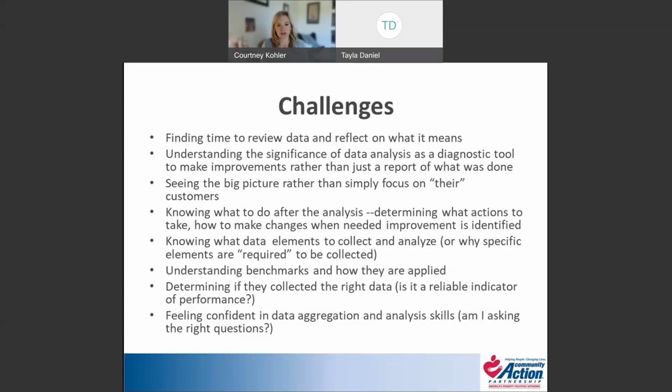And then also feeling confident in your data aggregation and analysis skills. This is something that I think a lot of people really struggle with, because we think that we have to be formally schooled in data analysis, that we have to have some level of knowledge of how to use certain tools like SPSS or Excel, and all of that stuff can be very helpful.